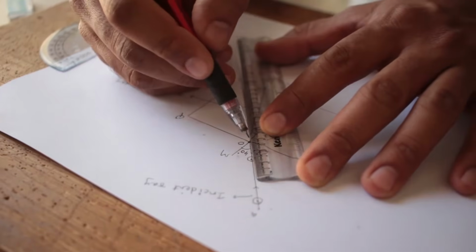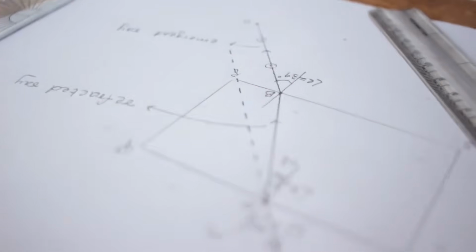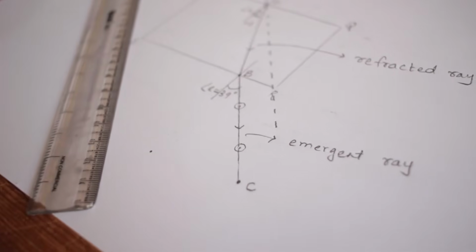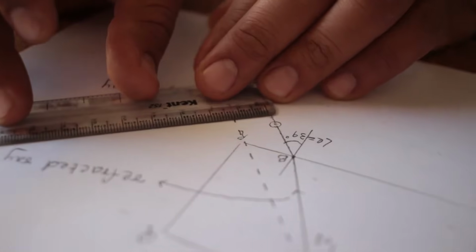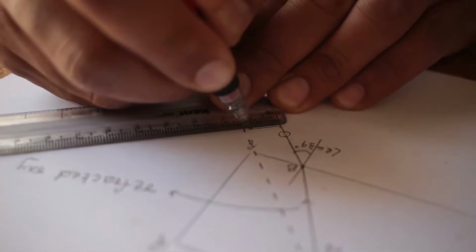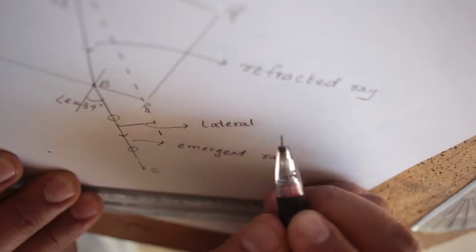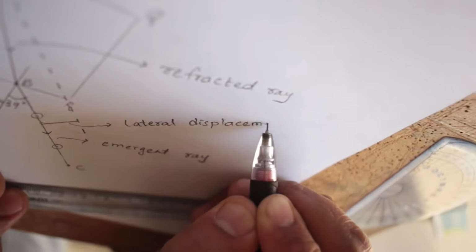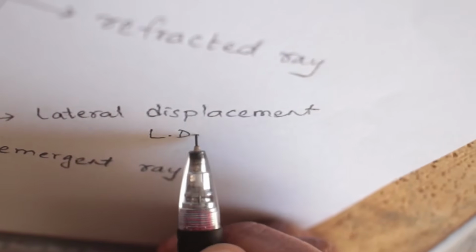Now if you extend the incident ray AO, you will get a straight line parallel to the emergent ray. The perpendicular distance between the extended incident ray and the emergent ray is called lateral displacement. Lateral displacement is 1.3 cm.